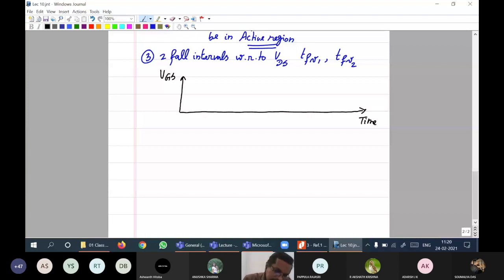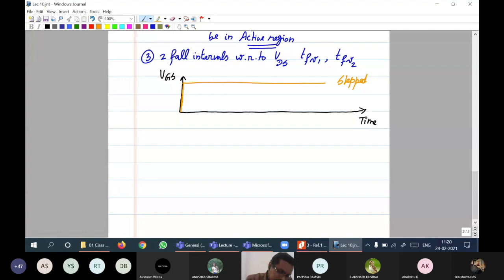Now, as I said, I have considered the gate source voltage as a step function, which means it starts at 0 time and then increases as a step function. Okay, so I have considered a step VGS.